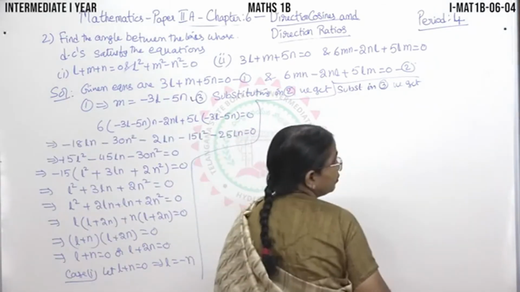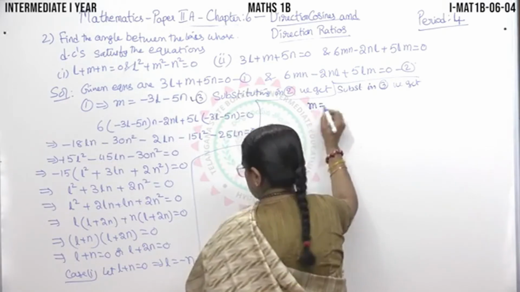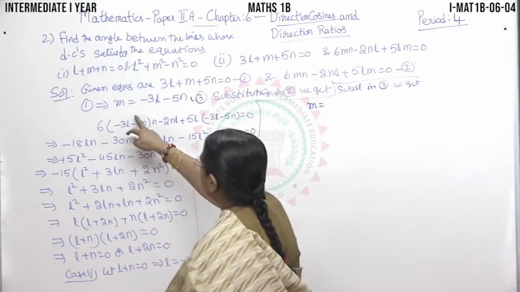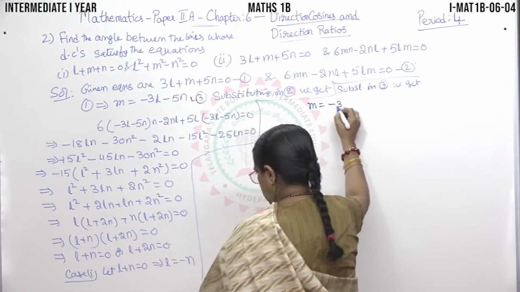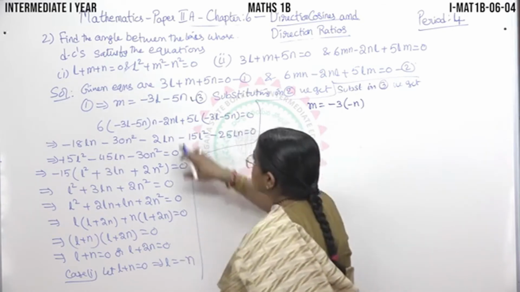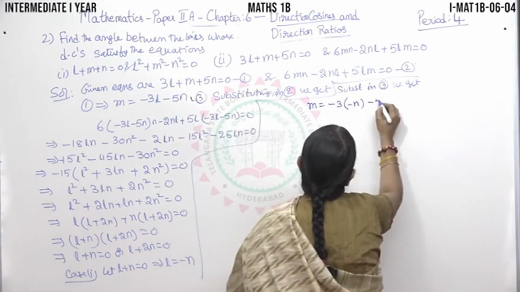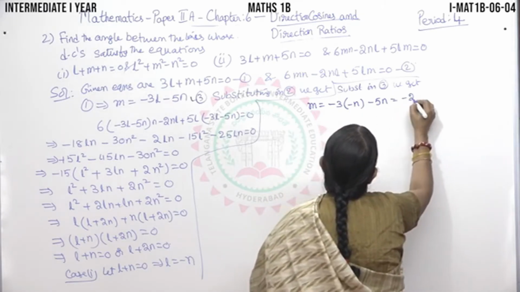M is equal to minus 3 into minus N, 3L, L is minus N, minus 5N, that is 3N minus 5N, minus 2N.